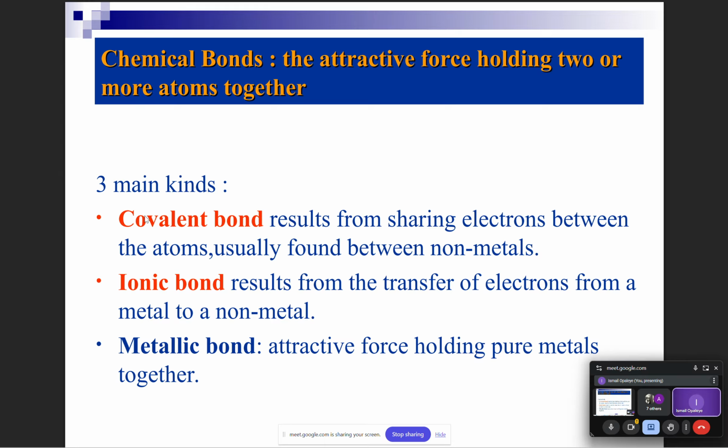So ionic bond results from the transfer of electrons from a metal to a non-metal. Remember when we were discussing the periodic table, we said the metals occupy group one, group two, some of group three, and you have the transition metals in between.